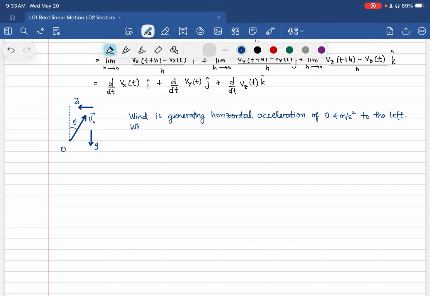What angle theta will result in the particle returning to the same position if, and I'm not giving you the magnitude, v naught magnitude is equal to 12 meters per second.